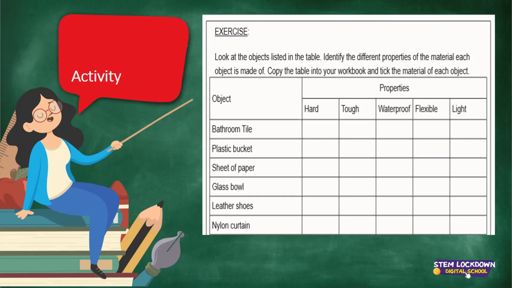You must just tick on the specific ones. You don't tick all of them. You tick the ones that you think it has, the properties that you think the material has, so that you are able to know that, oh, this one can do this, this one is not able to do this. One minute left.